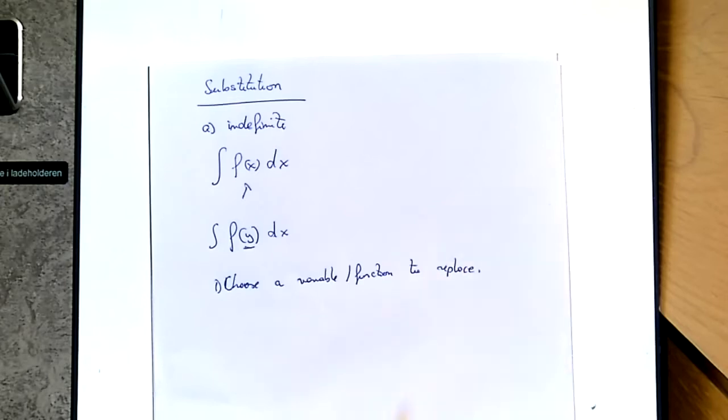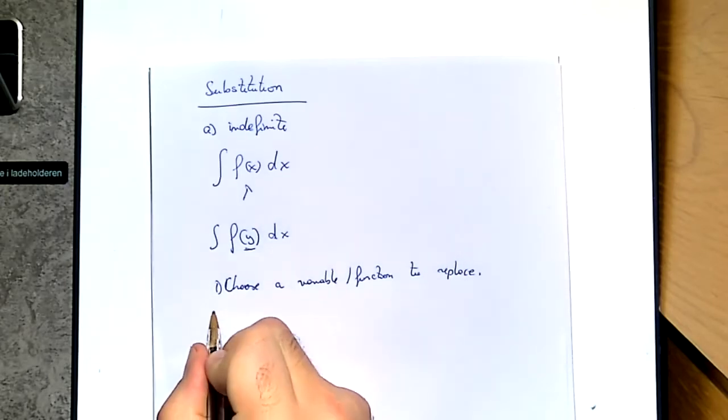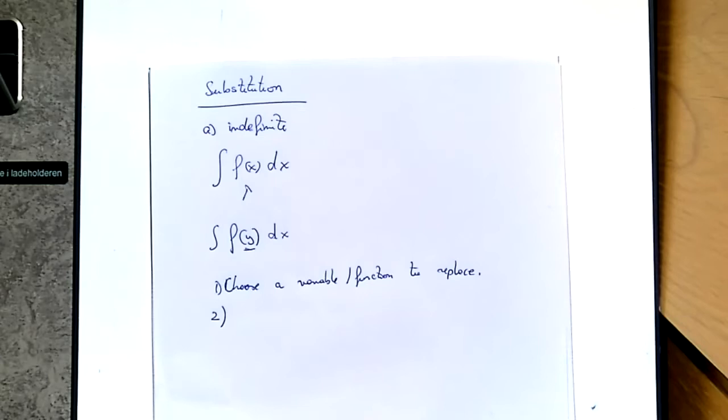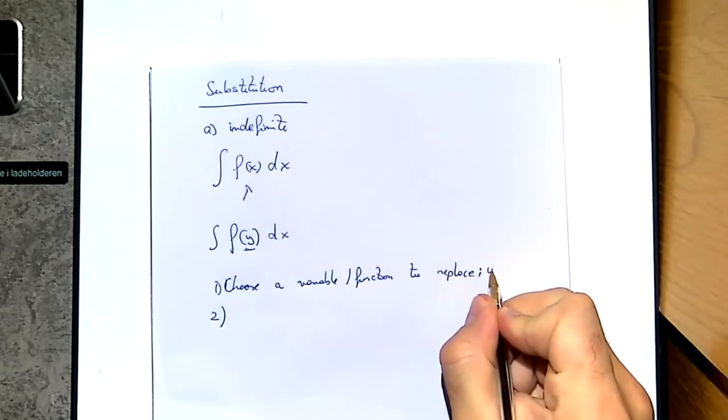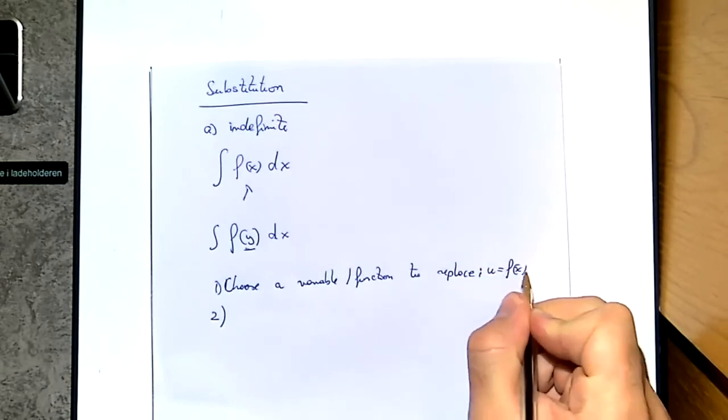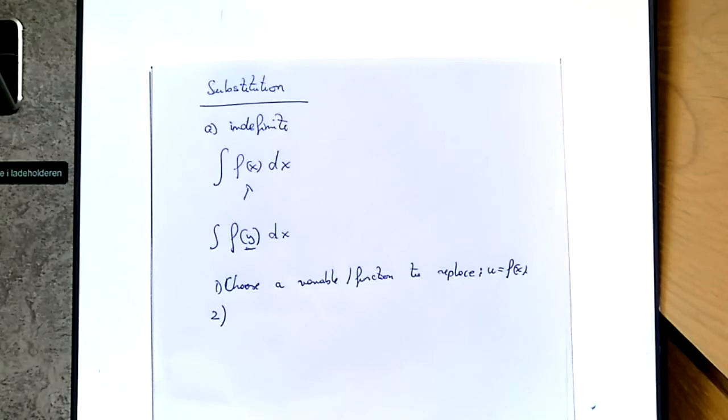Okay. Then, and I'll do an example immediately after, choose a variable to replace. Let's just say u is equal to f of x. Let's just say I had an f of x computation and I replaced it with a u.